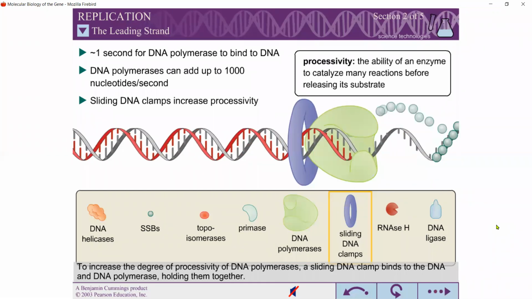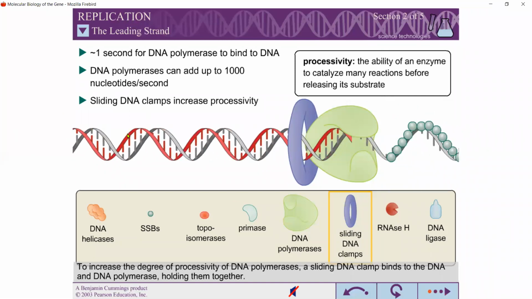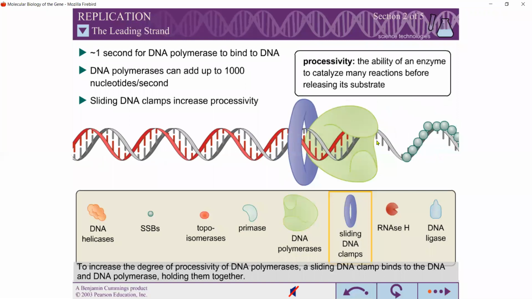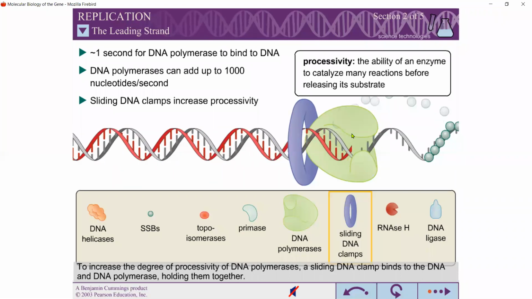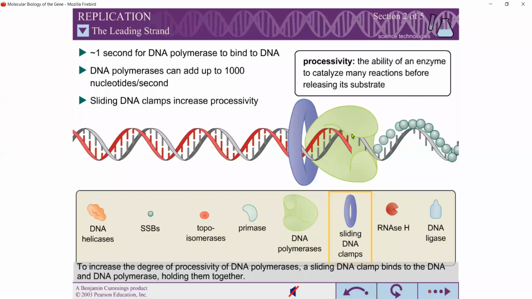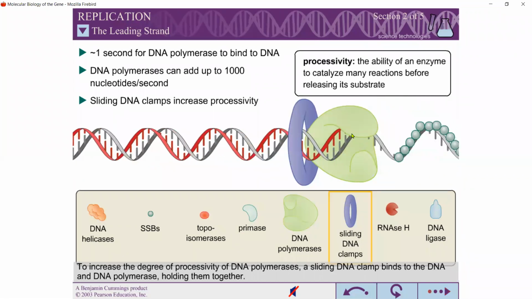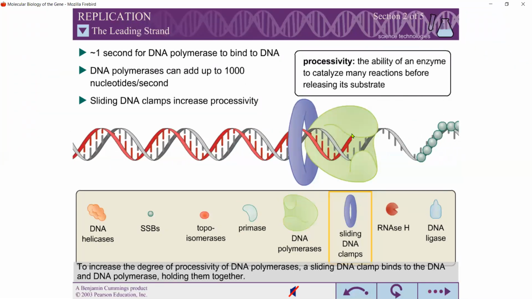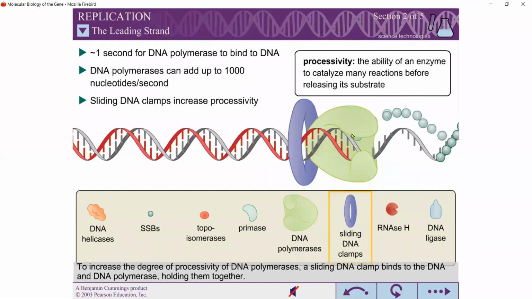For speeding up this rate of processivity, as I said the other day, we have a molecule known as beta sliding clamps, or simply sliding clamps, which bind to the DNA polymerase and drastically increase its processivity. DNA polymerase alone can add around 50,000 base pairs, and when the sliding clamp gets attached to the DNA, the processivity is dramatically increased to 5 lakh.